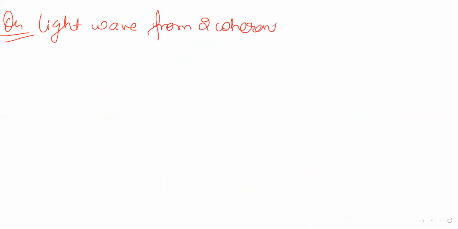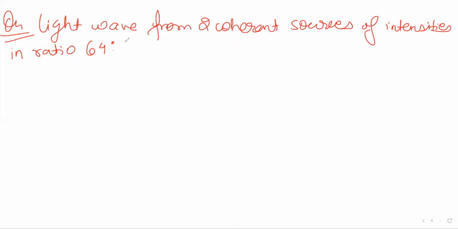Now, next question, next topic. If you want, you can write down the question. This is for the numerical part. Light waves from two coherent sources of intensities in the ratio 64:1 produce interference.